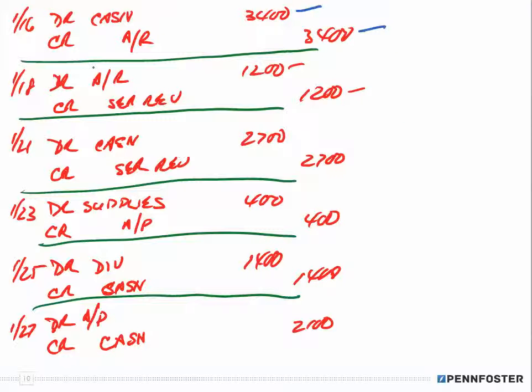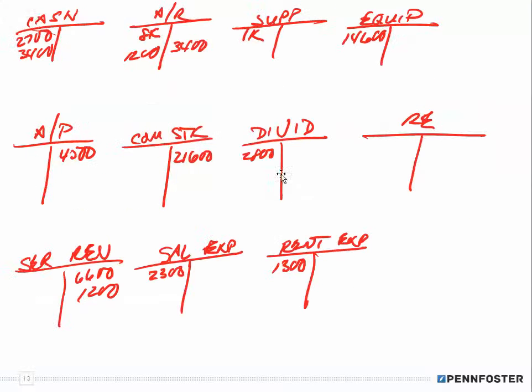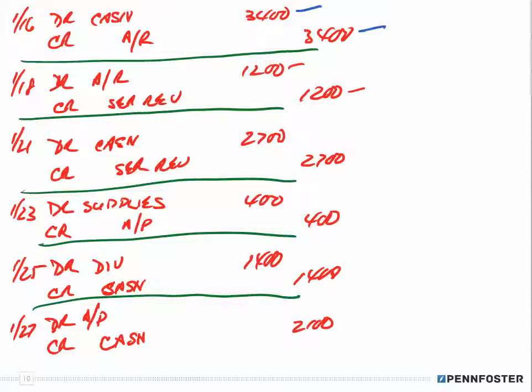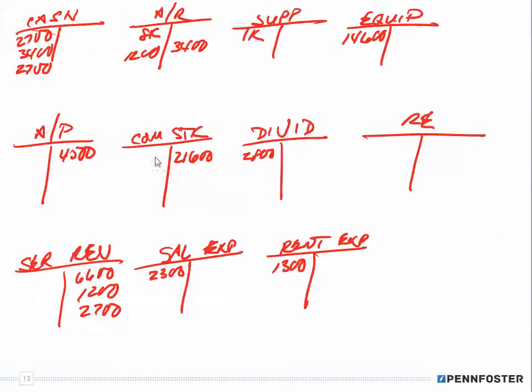Then I have a debit to cash for 2,700 and credit to service revenue. So debit to cash for 2,700 and a credit to service revenue for 2,700. I have a debit to supplies for 400 and a credit to accounts payable for 400.